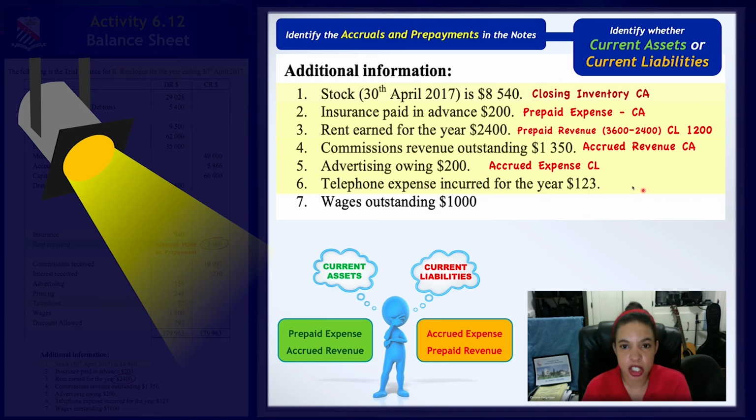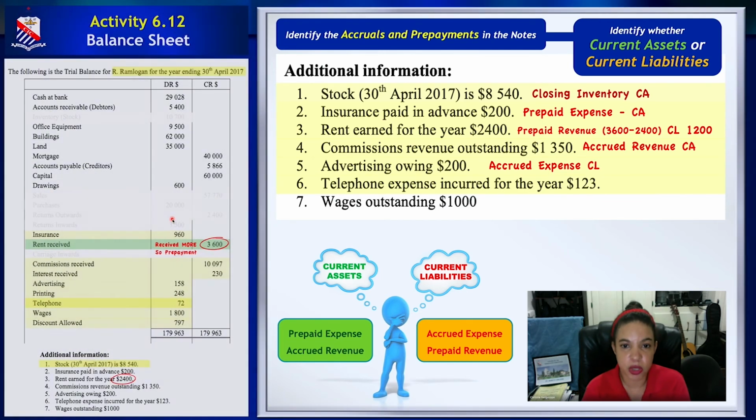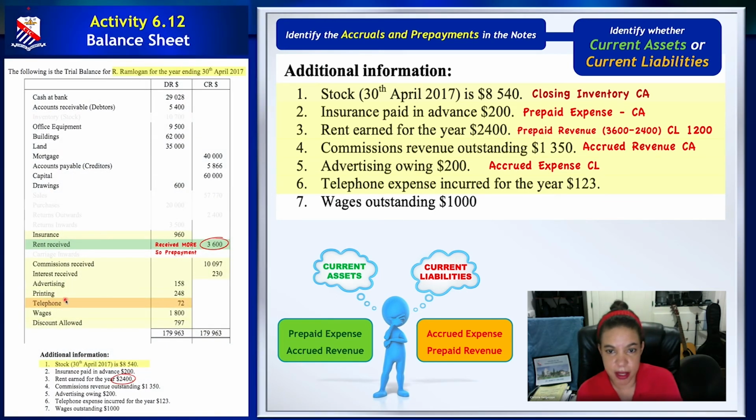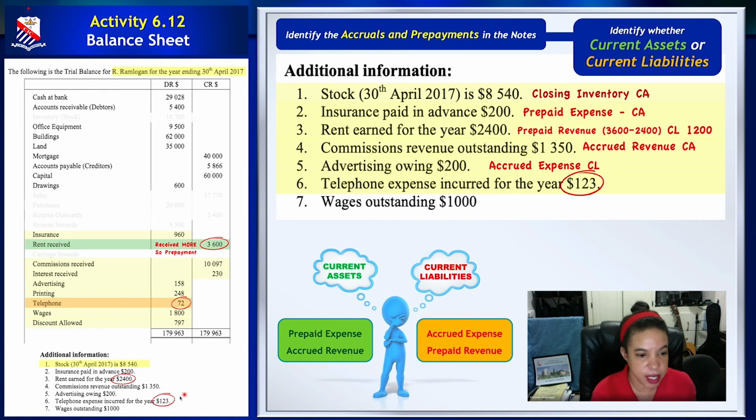Telephone expense incurred. This note also did not give you the accrual or prepayment. So we're going to have to go into the trial balance and compare the amount that was paid with the amount incurred. And you would see here for telephone, the amount that was paid is $72 compared to the amount that was incurred of $123. So in this case, we paid less than the amount incurred, right?